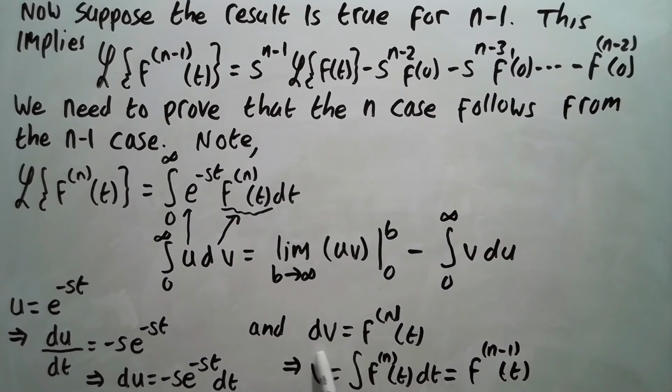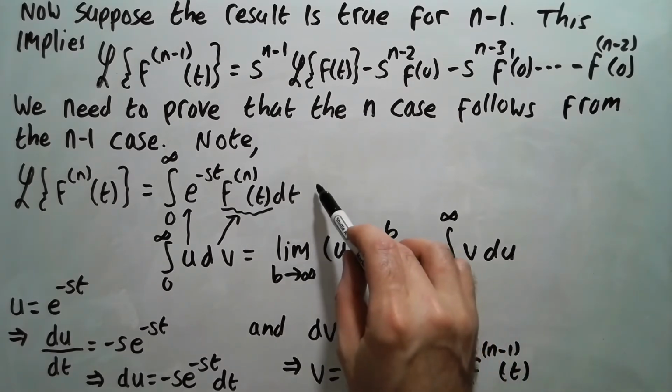And my dv then would be the nth derivative of f dt. So integrating both sides, you'd have v equals, so now the integral of the nth derivative, well, for example, the integral of the second derivative would be the first derivative, the integral of the third derivative would be the second derivative. So in general, the integral of the nth derivative will be the n minus 1 derivative.